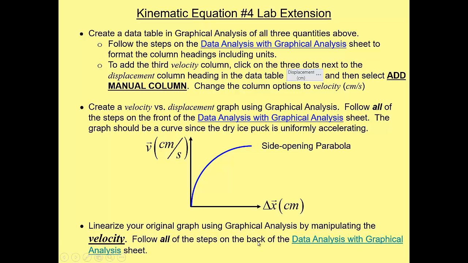Follow the steps on the back of the data analysis with graphical analysis sheet if you need it. Pause it. When you're done, you should have 2 graphs: a graph that looks like this on top, and then your linearized graph on the bottom. If you try something to the velocity and it doesn't linearize the graph, you've got to try something else. You've got basically 3 choices.